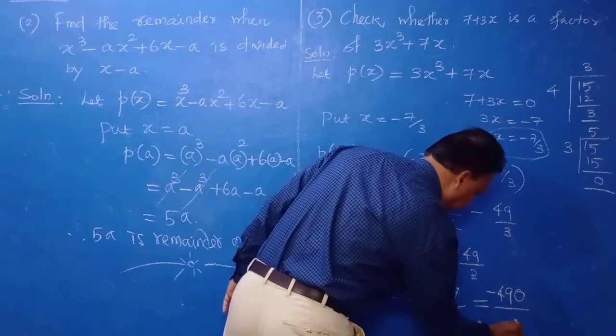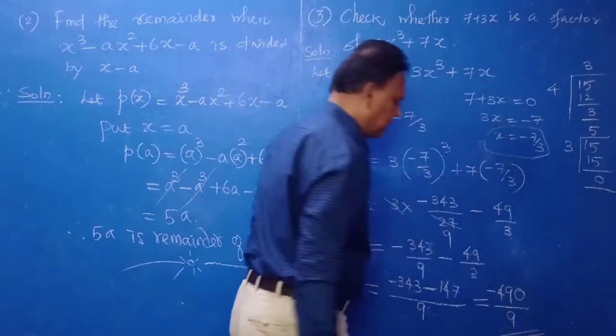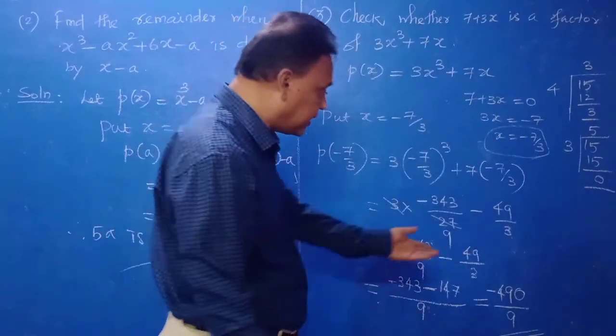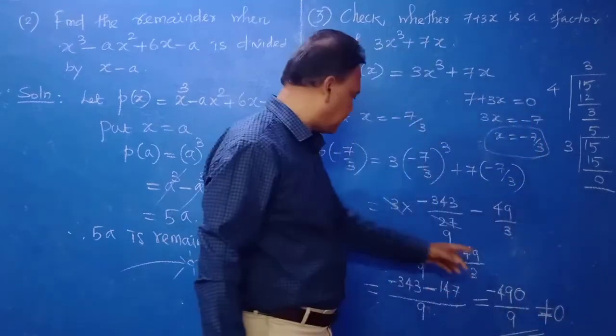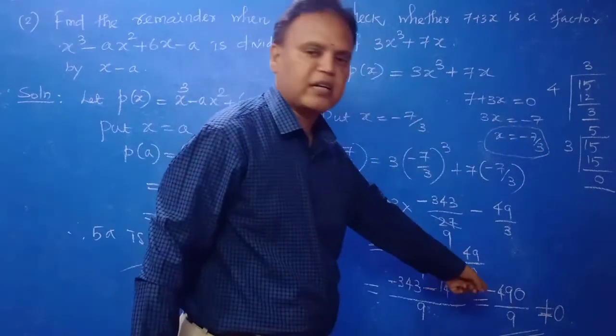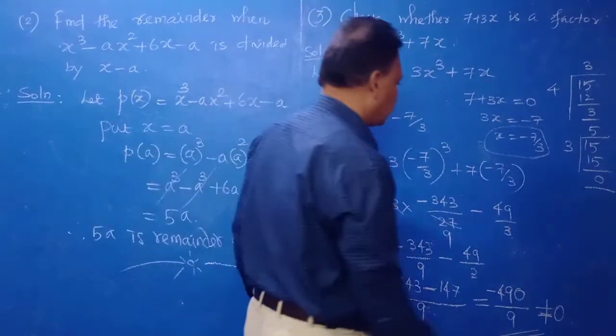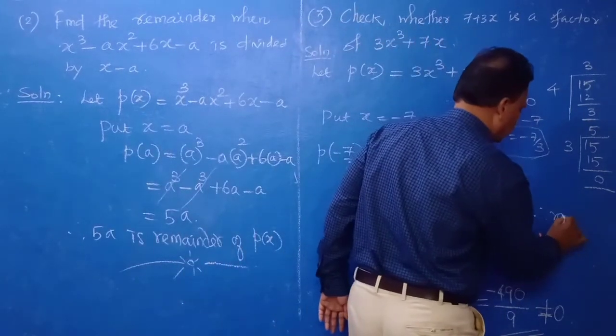Minus 490 by 9 is the remainder, but it is not equal to 0. Because we have to check whether the remainder is 0 or not, and the remainder is not equal to 0.